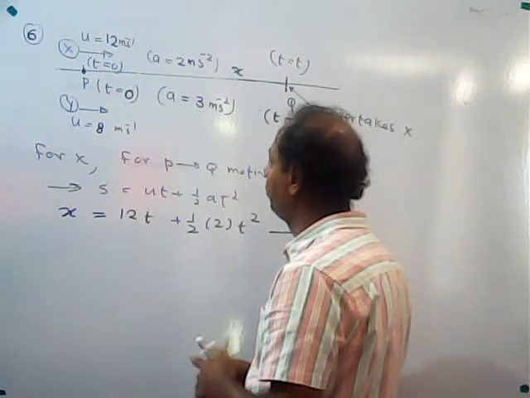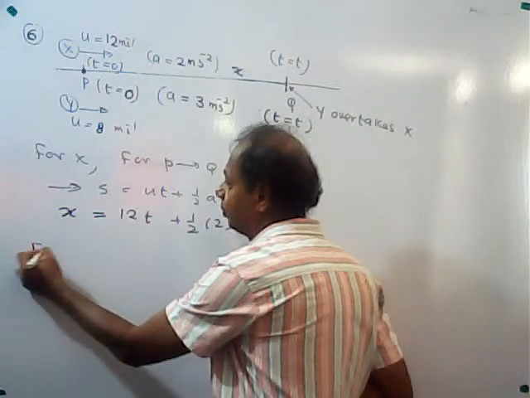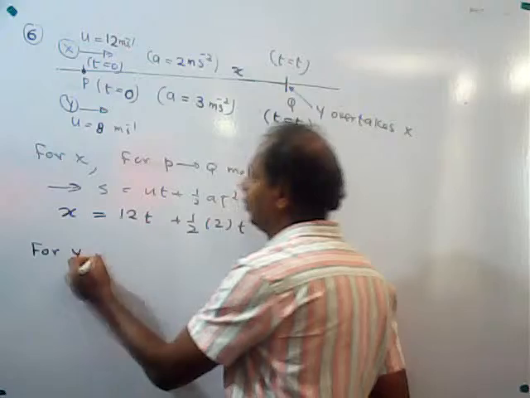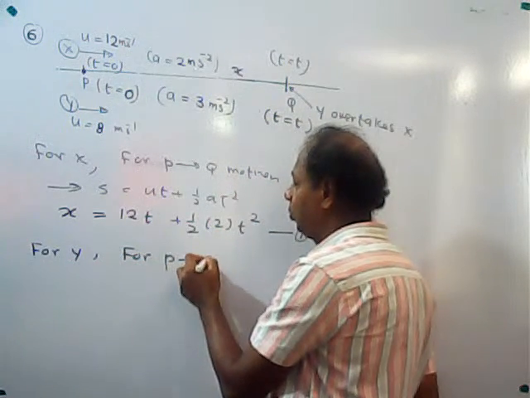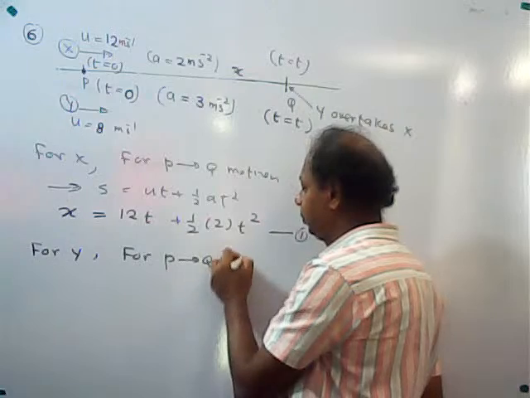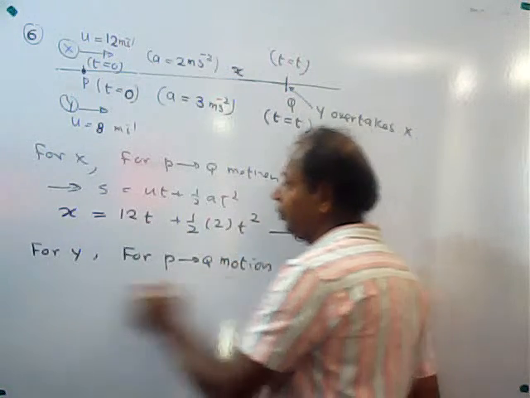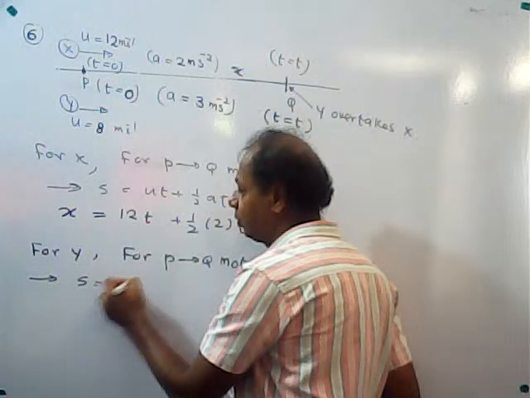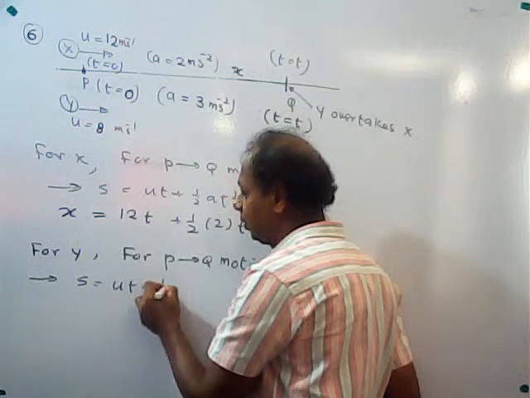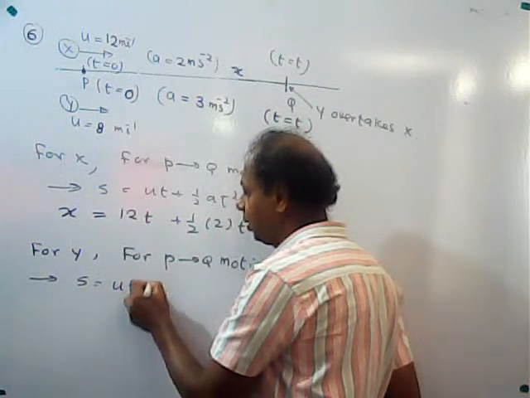Then let's apply it for y. For P to Q motion in this direction, apply s equals ut plus half at squared.